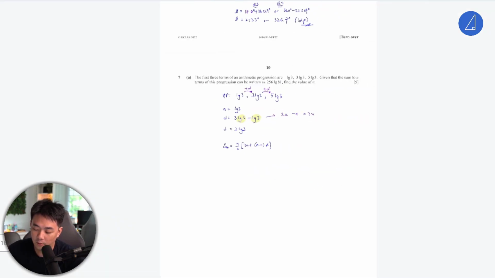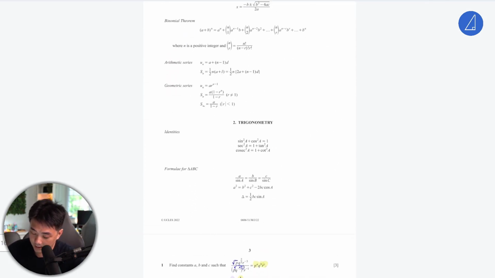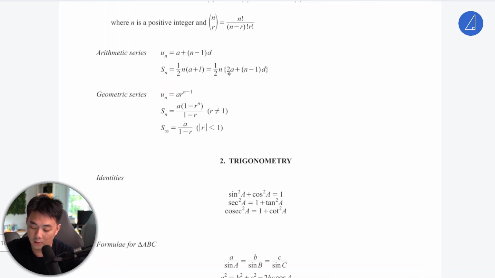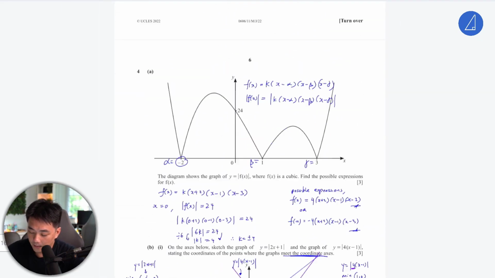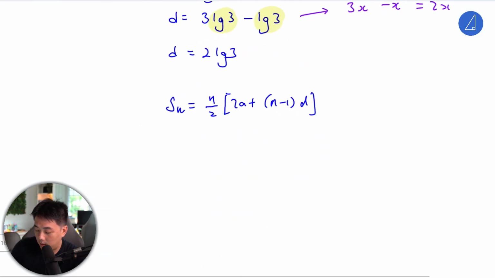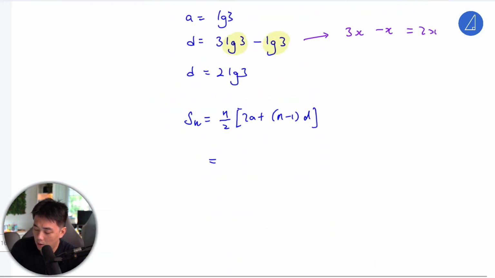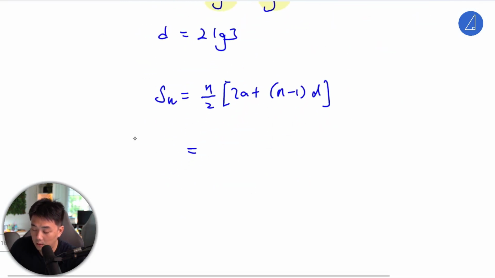I think it is given in the formula, so let's look at the formula there. Sum of the first n terms is, there you go, n over 2 times 2a plus n minus 1 d. In this case, we essentially just put in all the values we've been given. So 256 log 81.